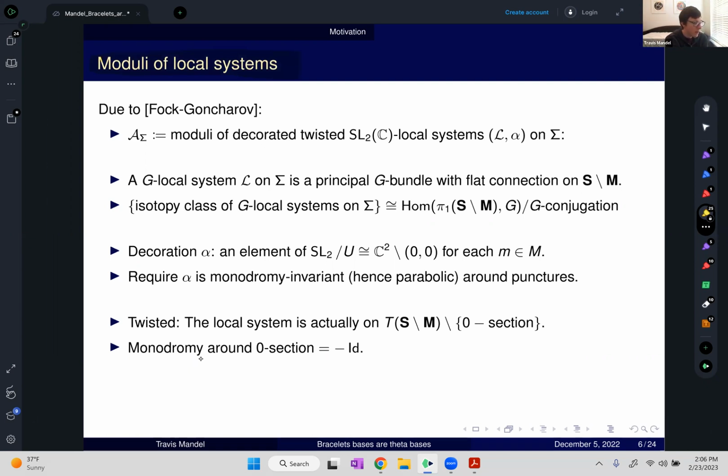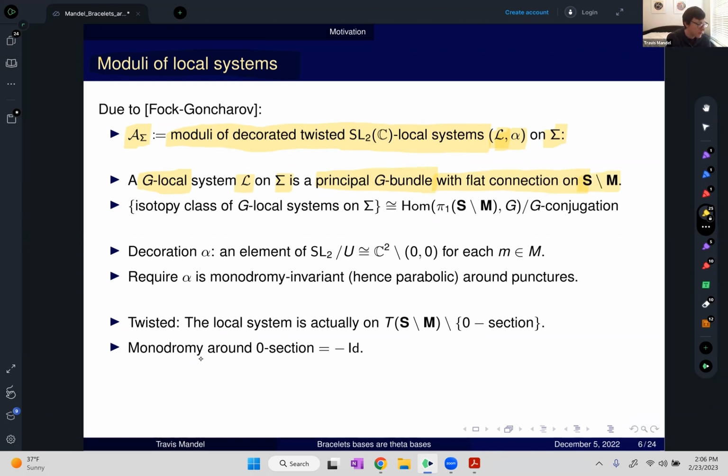They define a space, they denote A sub sigma. They call this the moduli space of decorated, twisted SO2 local systems, denoted L comma alpha, on the marked surface sigma. I'll explain what all these words mean. A G local system, in this case G is SO2C, a G local system L on sigma, is a principal G bundle with a flat connection on the complement of the marked points.